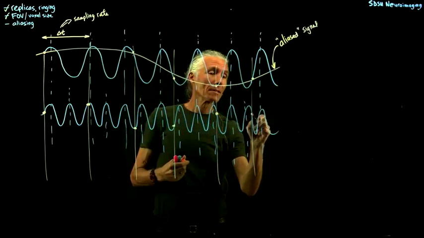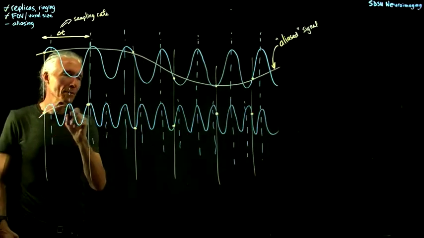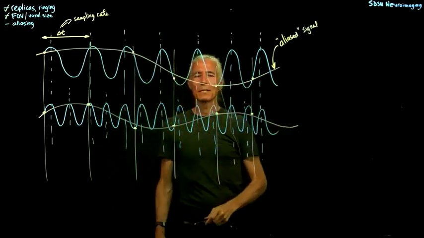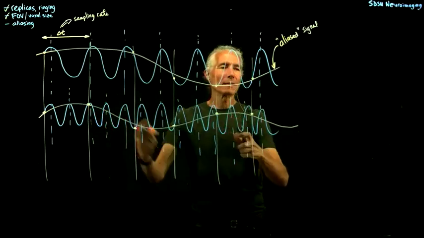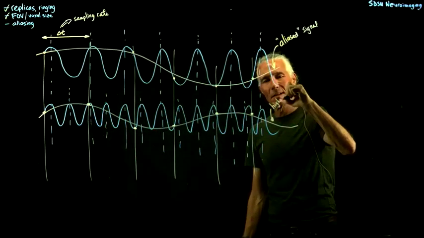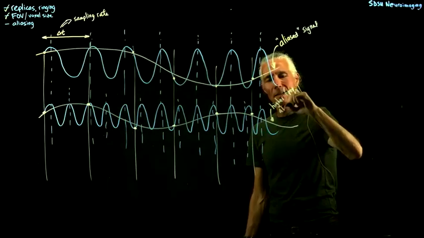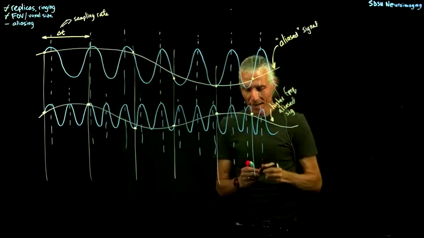You can see the spacing between these peaks in this aliased signal. So this is a higher frequency aliased signal.